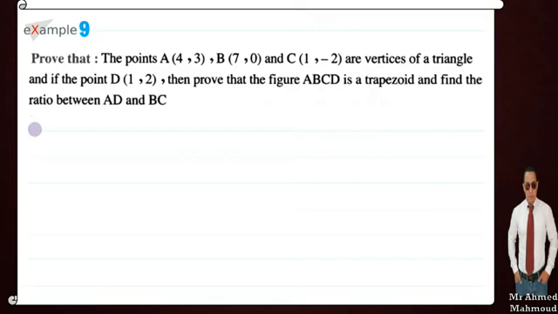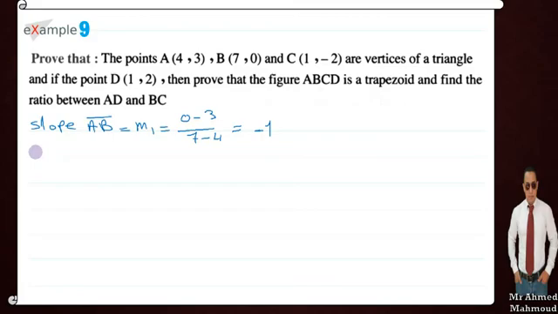Okay, slope of AB, I will call it M1, equals 0 minus 3 over 7 minus 4, which equals negative 1.